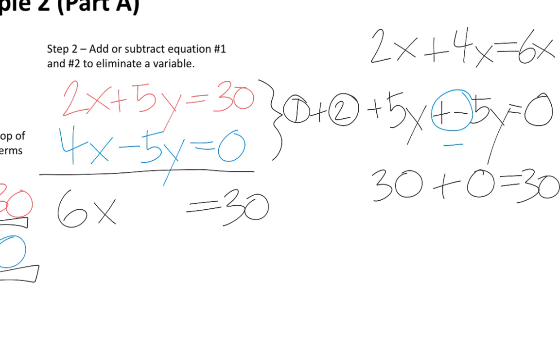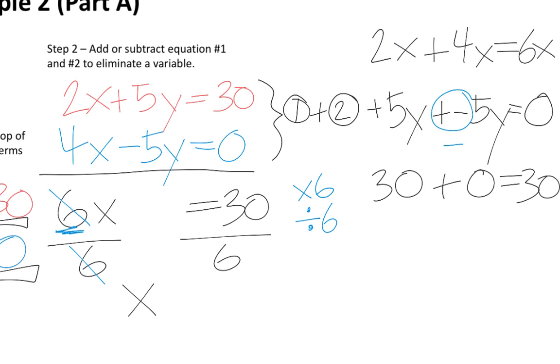Now, we want to isolate x, but x is stuck with this 6. And when you have a number beside a variable without an operation, it is multiplication. Now we have to think of the opposite operation and do that to both sides. Therefore, I'm going to have to divide both sides by 6. The 6's over here cancel out because 6 divided by 6 is just 1, and anything multiplied by 1 is itself.